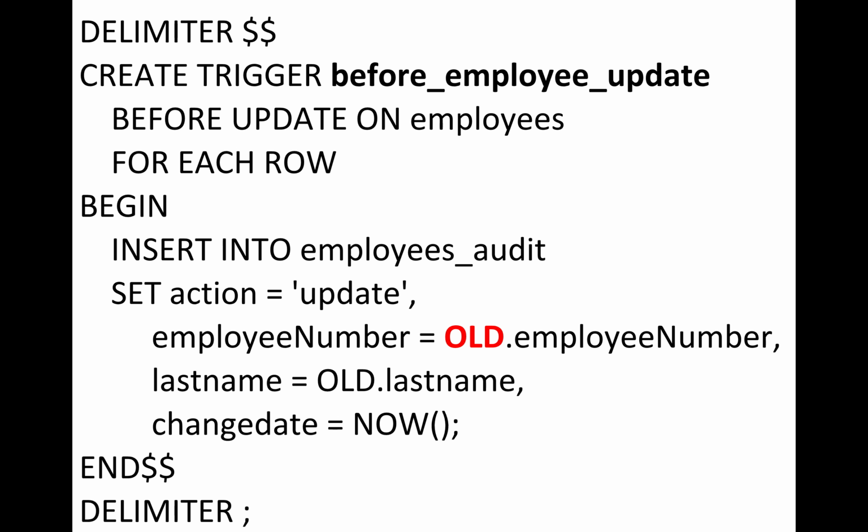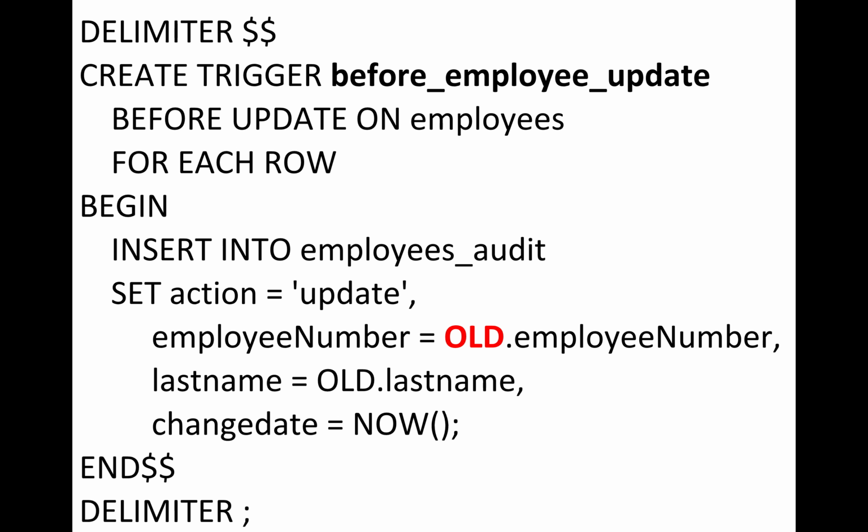And what we're going to do in the begin is insert into the employees audit table. We'd like to insert a record with the following values: for the action field, we're going to say update. And the employee number, presumably, right?